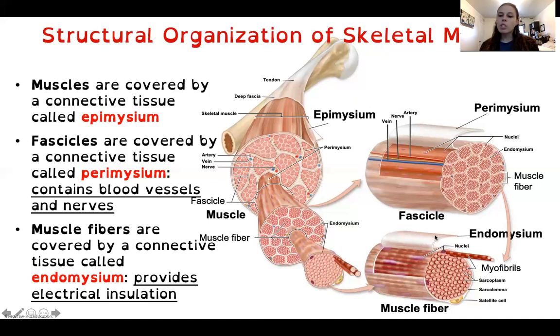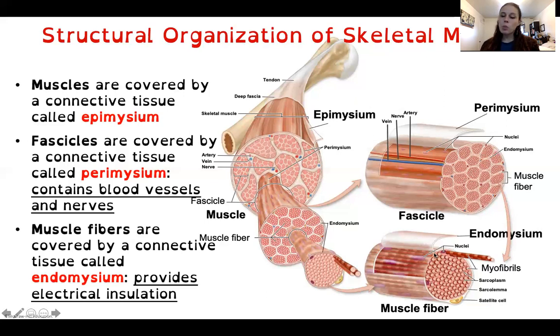And this connective tissue is called endomysium. Endo means inside. So basically, for this level of organization, we have the endomysium covering the cell membrane of a muscle fiber. Okay, so endomysium first, and then we have the plasma membrane of the muscle fiber.